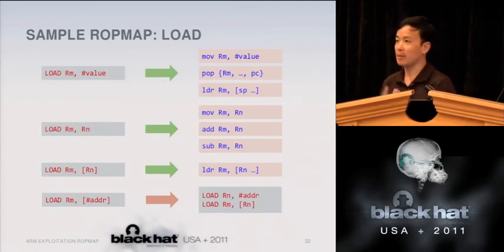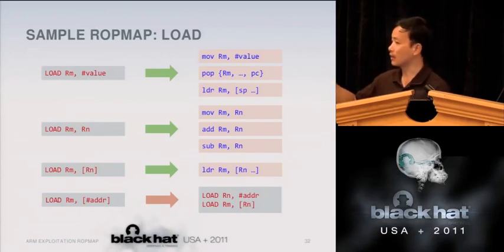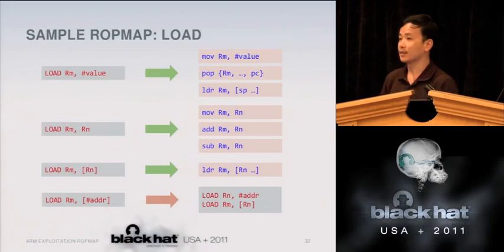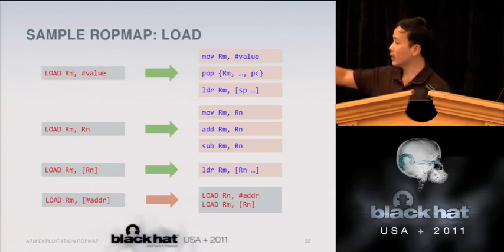So here we map it to two instructions. The first one loads the address value to a register, then we load the register from memory referenced by register, which is already mapped in our previous map.